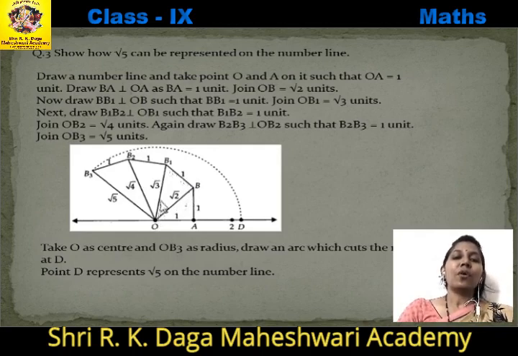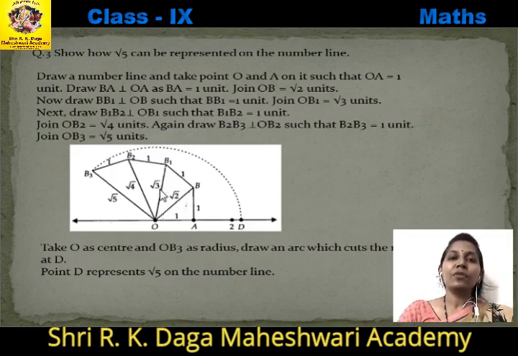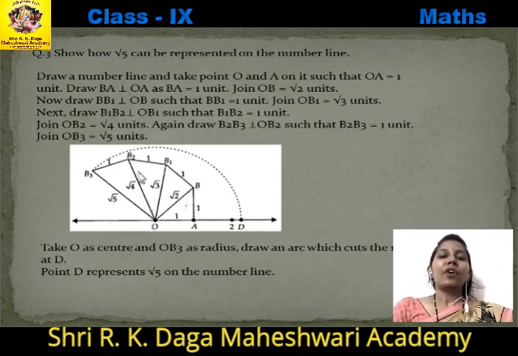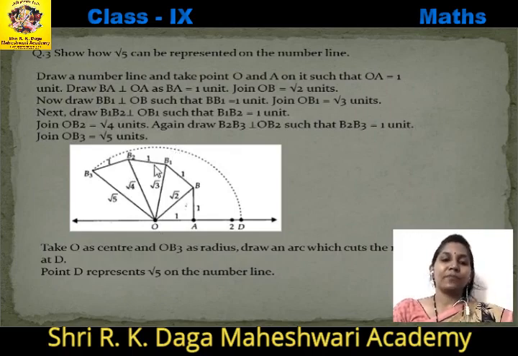Now join OB1. Now again OBB1 is a right angle triangle. So according to Pythagoras theorem, we have OB1 equal to under root 3 units. Now draw a perpendicular B2B1 on OB1 of unit length, that is 1 unit.